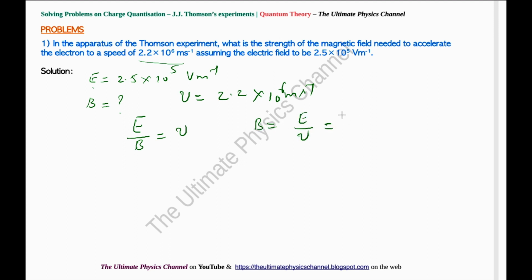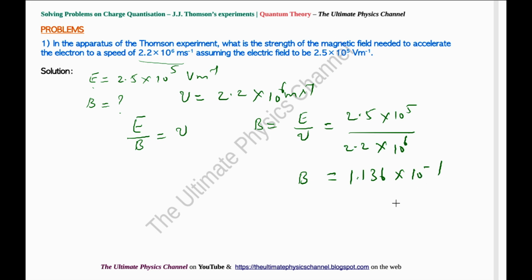The electric field is given as 2.5 into 10 power 5 over 2.2 into 10 power 6, that is given as the velocity. So if we work this out, we get B, and that is going to be 1.136, and there is a power of 10 difference here that goes to the numerator as 10 power minus 1.